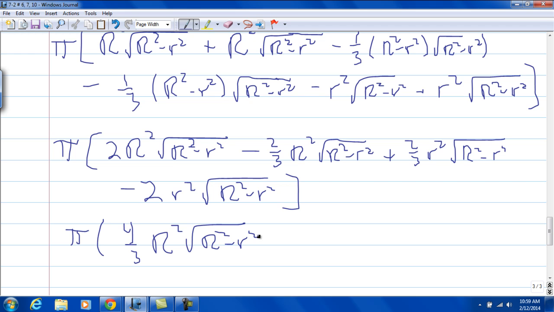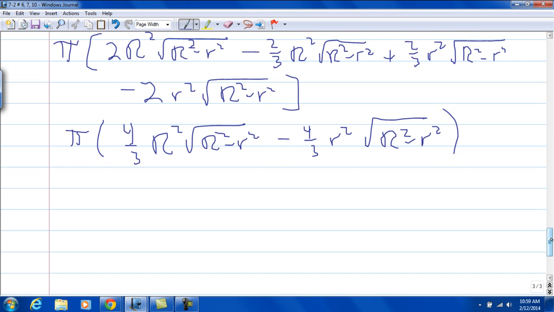And then we have 2/3 little r squared times the square root of capital R squared minus little r squared, minus 2 times little r squared times the square root of capital R squared minus little r squared. So the point is it's 2/3 minus 2, that's 2/3 minus 6/3, which is minus 4/3 little r squared times the square root of capital R squared minus little r squared.